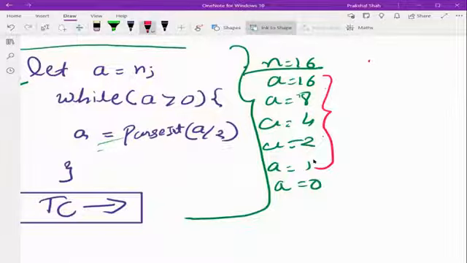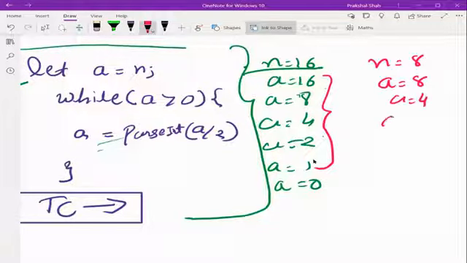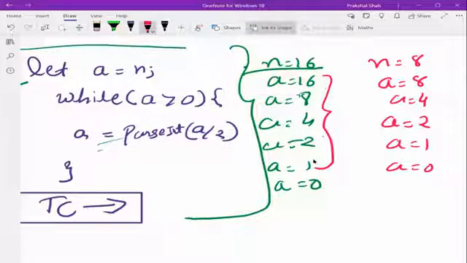Okay. For n equals 8, let's see how many steps we'll take. a equals 8, then a equals 4, then a equals 2, then a equals 1, a equals 0. So how many steps did we take? Okay, right?